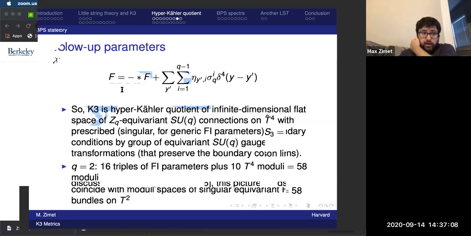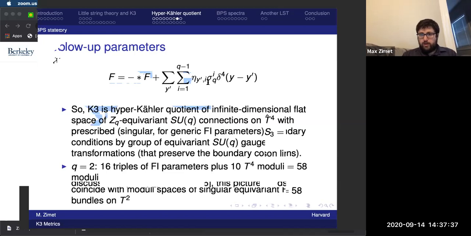Okay, let me say it this way. We're familiar in gauge theories with Fi parameters being associated to U1 factors in the gauge group, but more generally, they're not valued in the Lie algebra.